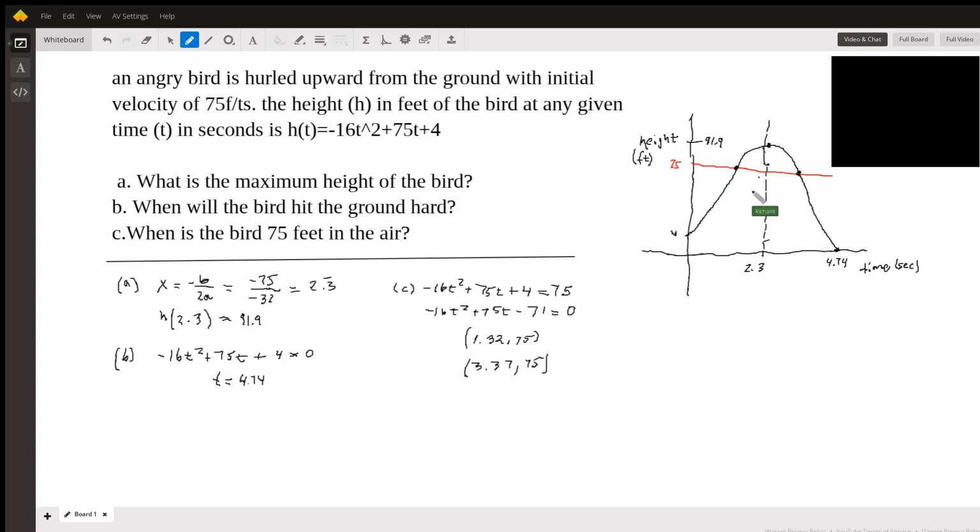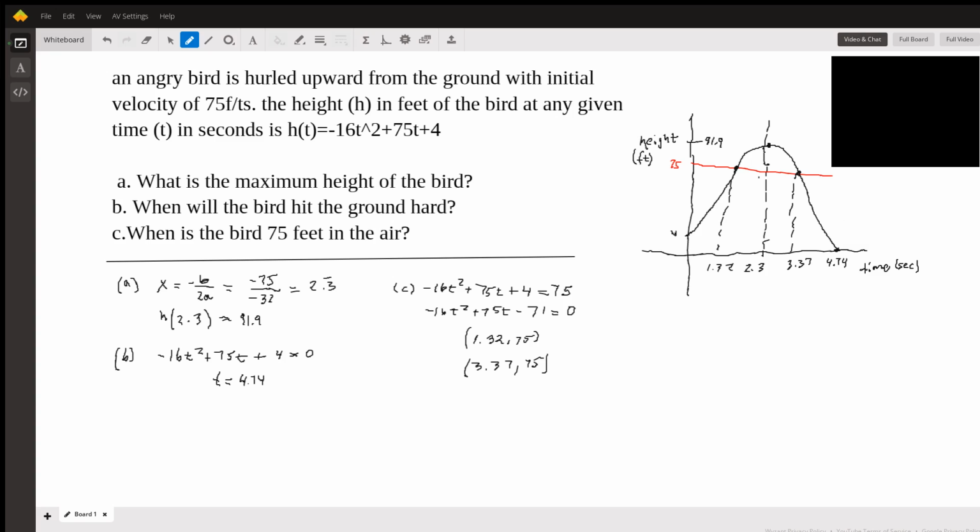So this point here is going to be at 1.32, and then this point here is going to be at 3.37. And so those are your answers.